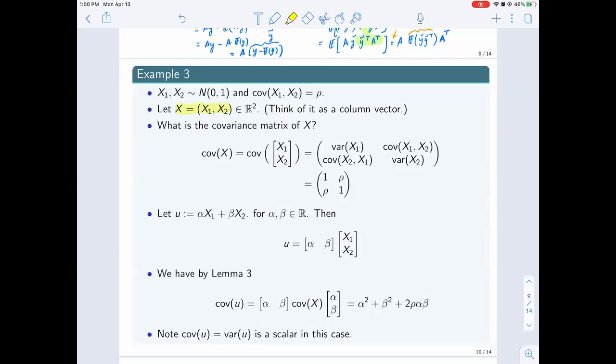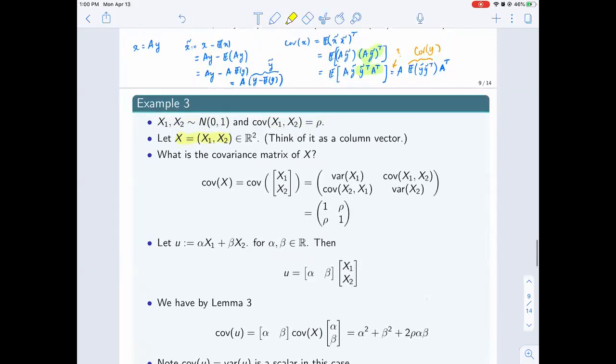So it's a random vector, so it has a covariance matrix. The covariance matrix just contains the variances on the diagonal and then the covariance of x1, x2, as covariance of x1, x2 is equal to the covariance of x2, x1. So that would be the covariance matrix.